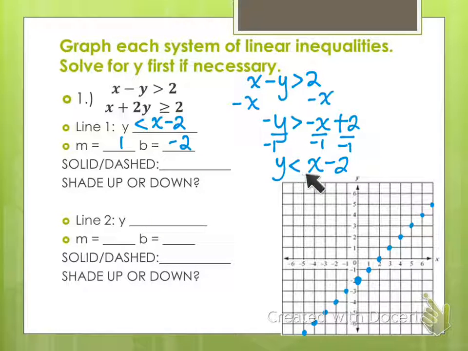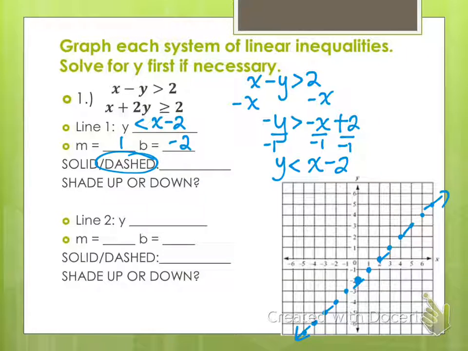Does it have a bar underneath it? No. So what does that mean for solid or dashed? There's no equal to bar, so we have to pick one. Dashed. I would agree. If there is no equal to bar, we have a dashed or dotted line. So we will fill that in.